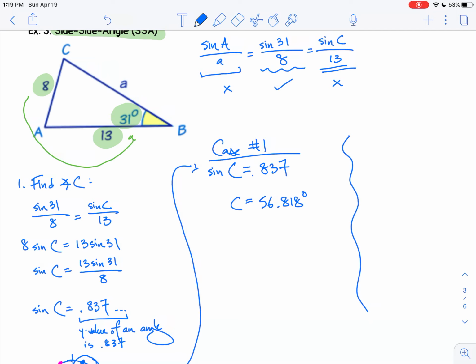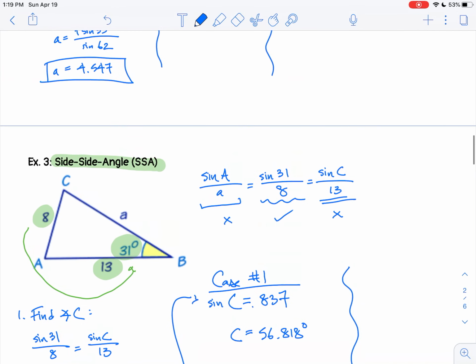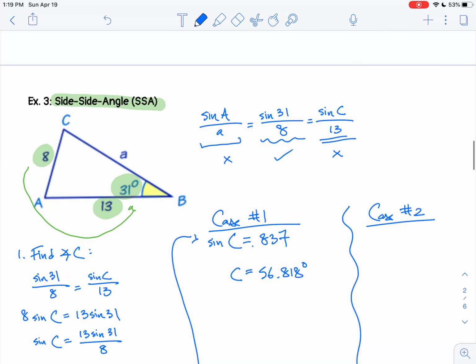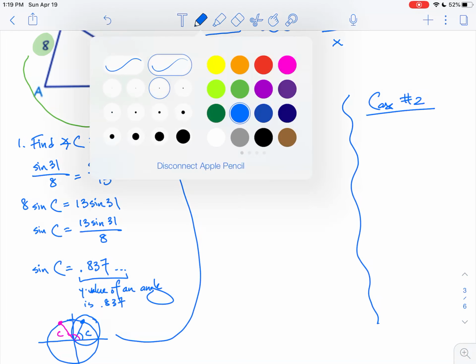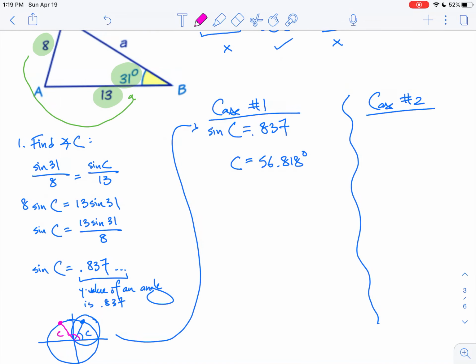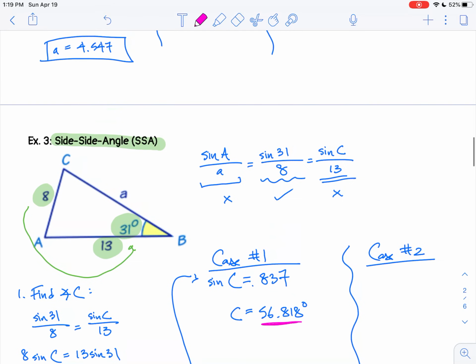Now, next to it, I'm going to explore case number 2. Well, how do we get that pink angle that we said could possibly be down there? Well, it turns out we're going to use our idea of reference angles. So I'm just going to do 180 minus the value I got here, and that should give me the other angle C possibility.